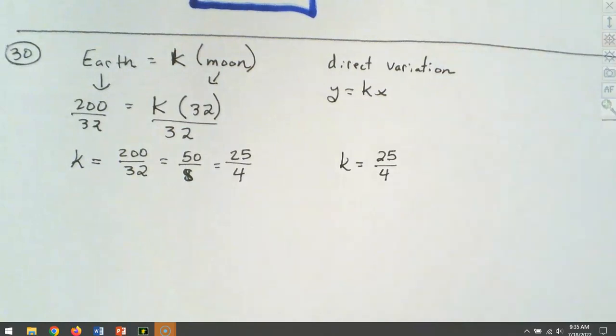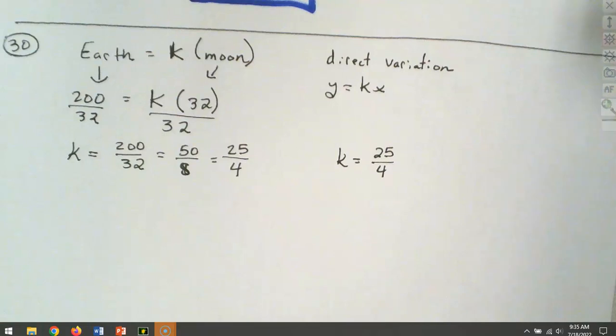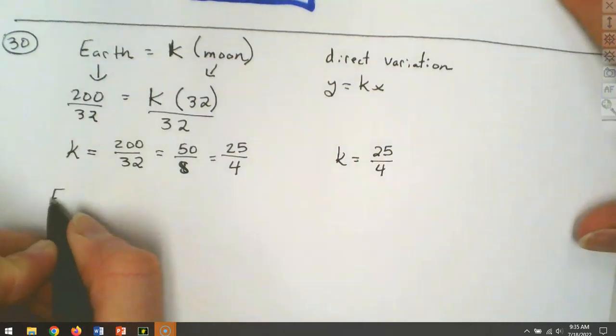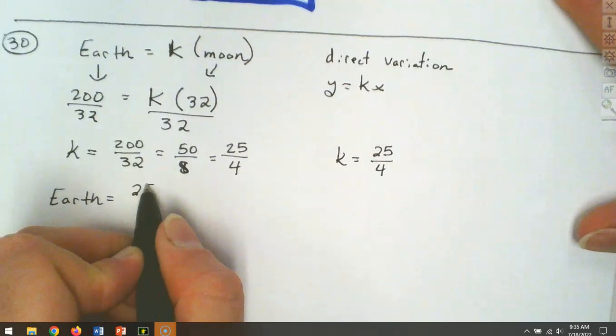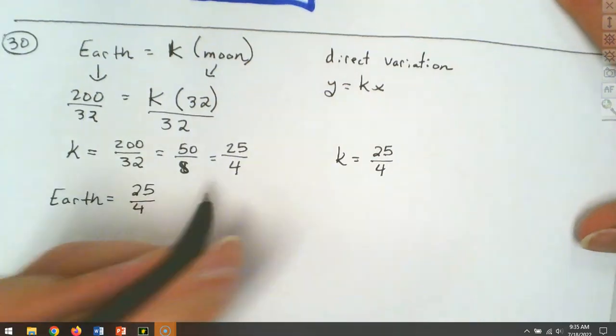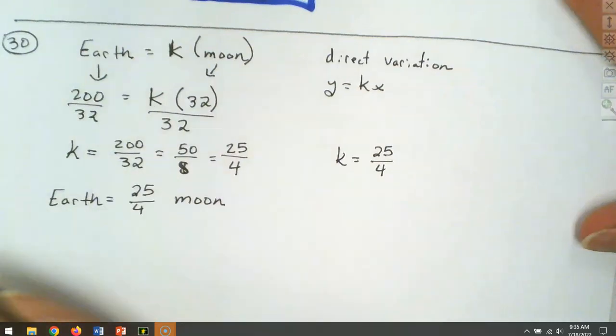Now we can rewrite our formula with our new value for K. That's all you have to do, is find the K and then use that to get the other pieces. So now we know our formula for the Earth is going to equal 25 over 4 times the weight on the moon. And that's our new formula.